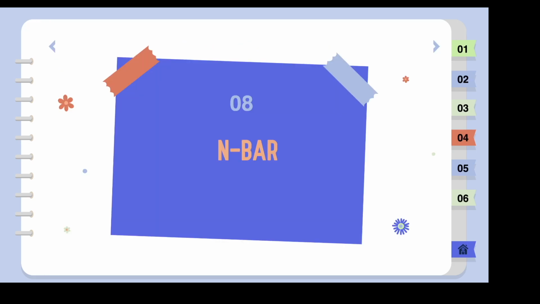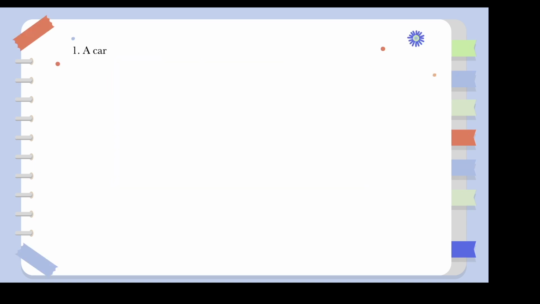So let's get started with the N-bar, or noun phrase, here. Let's start from a very simple N-bar. Definitely in your exam it won't be that simple, as you may notice. So first, you identify the part of speech. Here we have "a car."